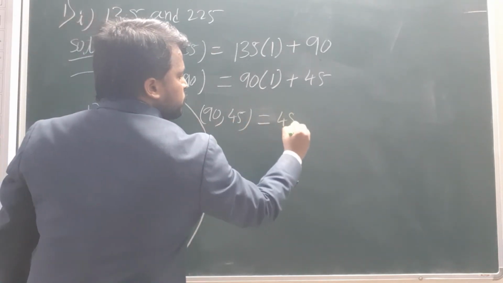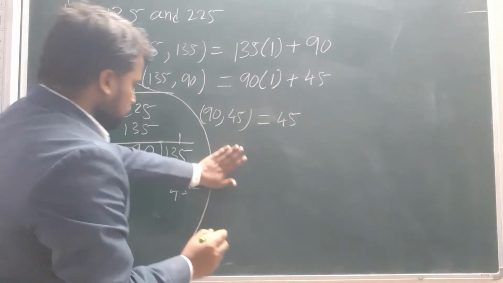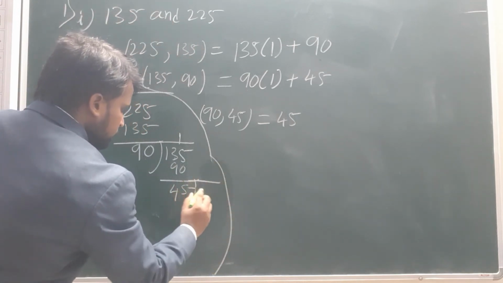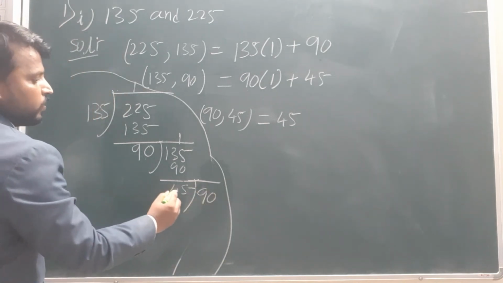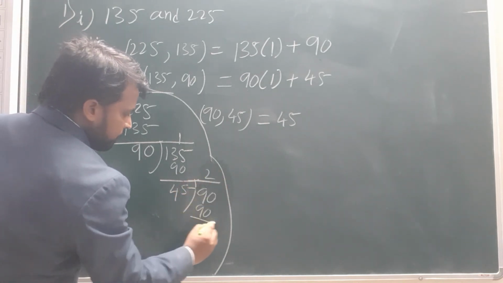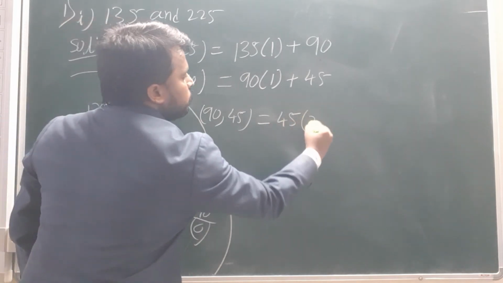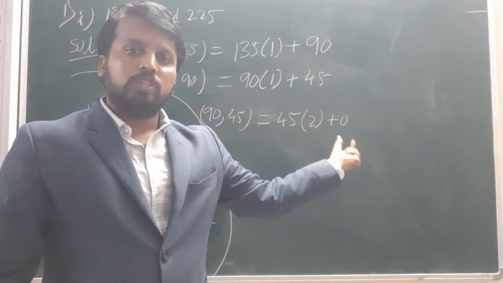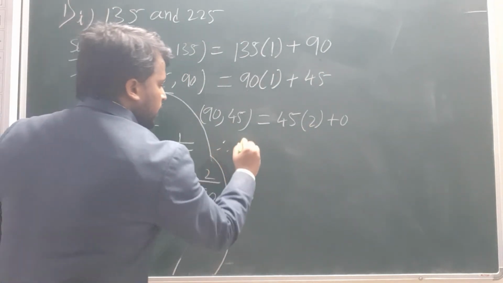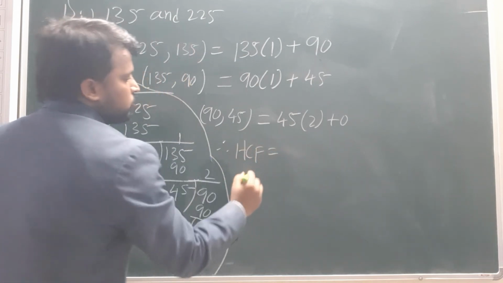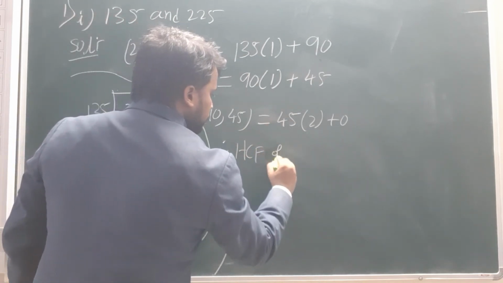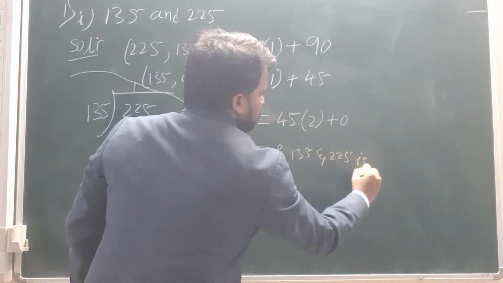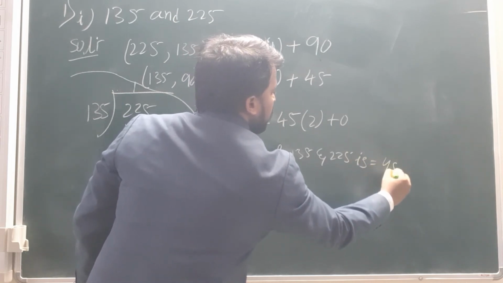Now the divisor is 45, and 45 twos are 90, that is 0. So here with 2 and 0, the R value will become 0. Therefore, the HCF of 135 and 225 is 45.